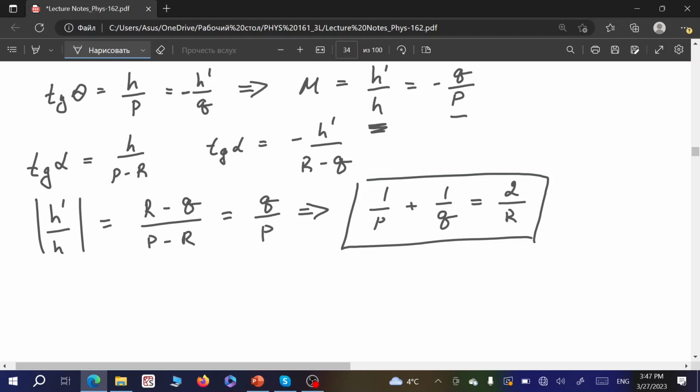If we see that reflected rays do not intersect, they are going in different directions, then we need to extrapolate these rays on the side opposite from the side where the object is located until they converge, until their extrapolations converge in a point. That will be the location of the so-called imaginary image.